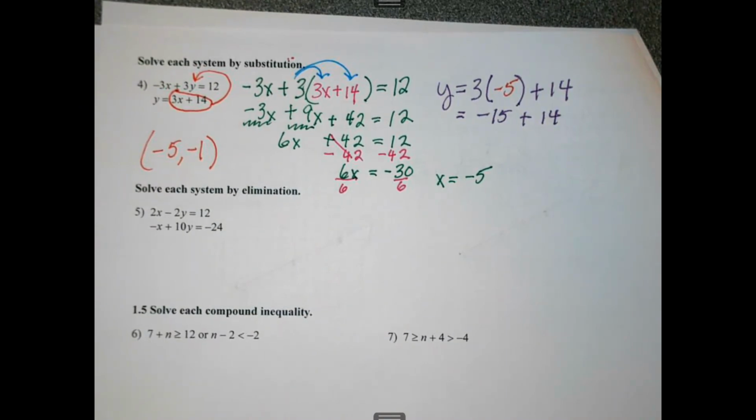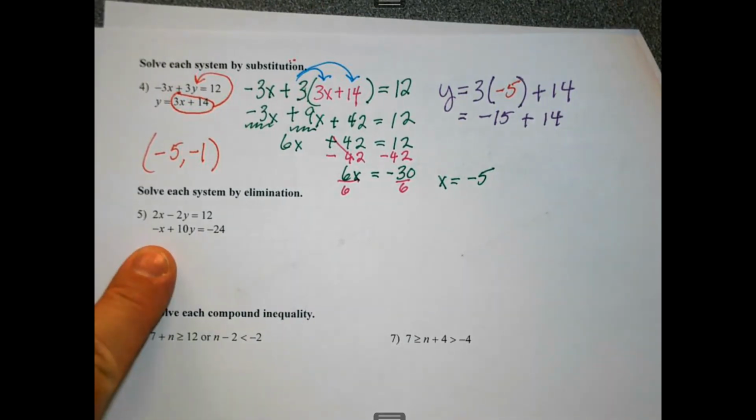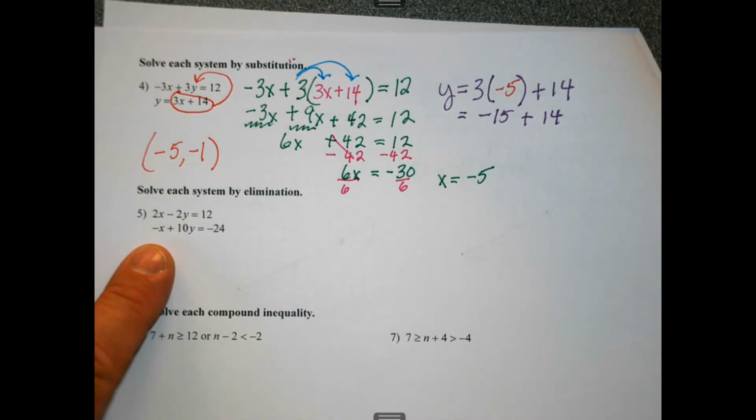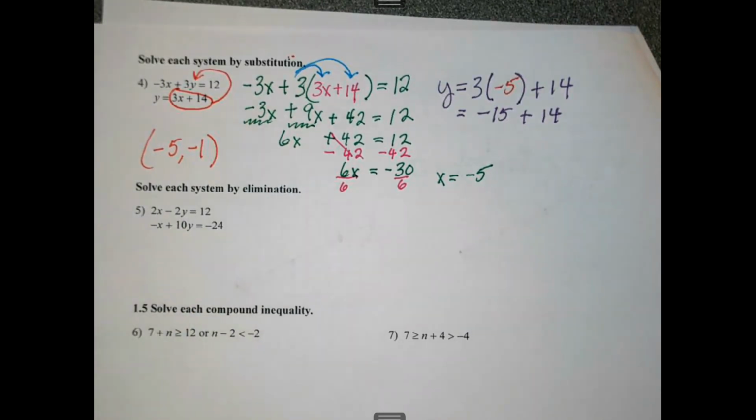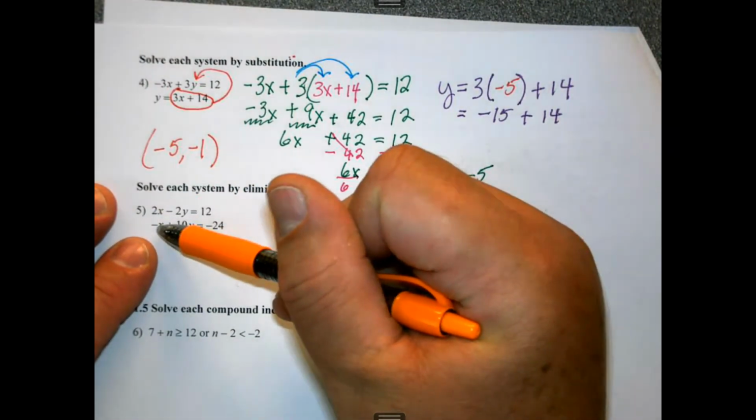And the last method we had was elimination. Now, elimination means I'm going to add the two equations together and eliminate one of the variables. But if we look at our two equations, if I add those together, I'm not going to eliminate any variable. So I'm going to have to choose one and multiply at least one of the equations by a number. Now, we can eliminate the x's because we have a 1 here and a 2 there.